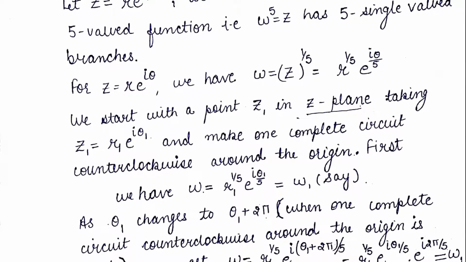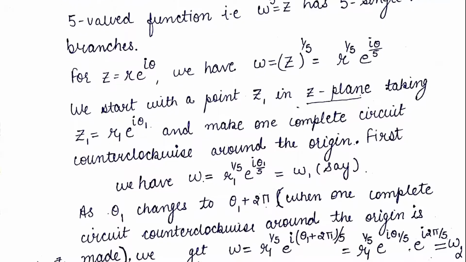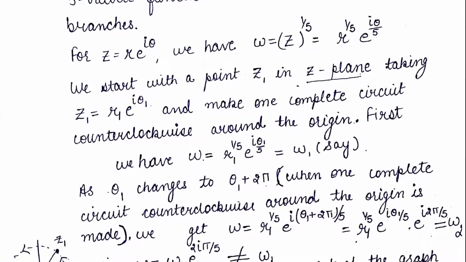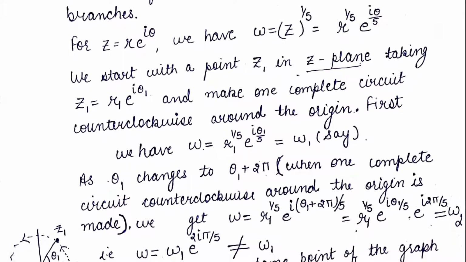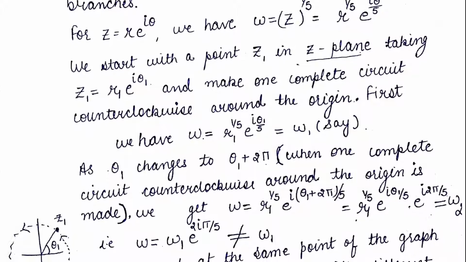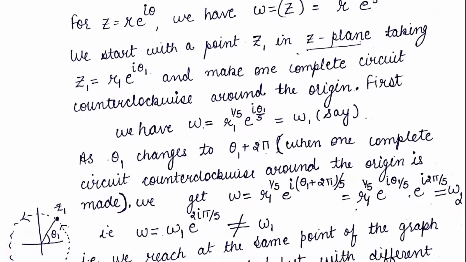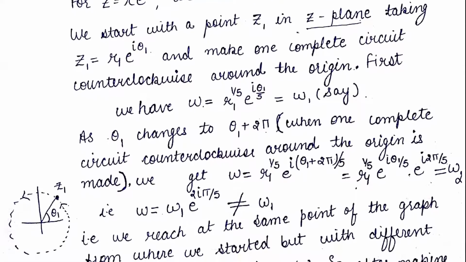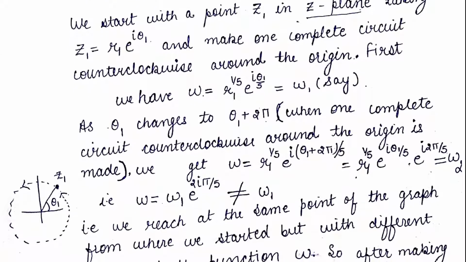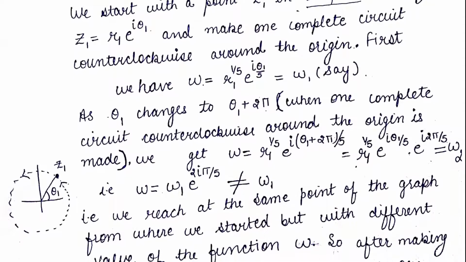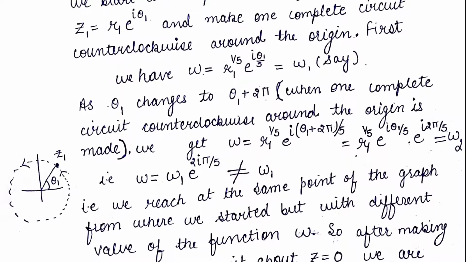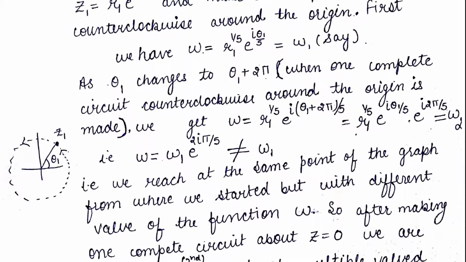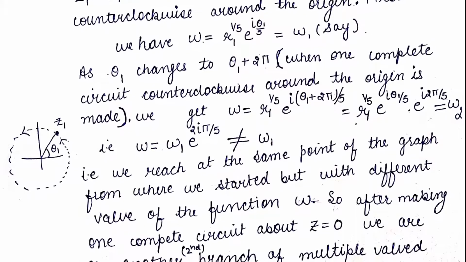First we put this z1 in the function w. So w will have the value r1 raised to power 1/5 into e^(iθ1/5). After we make one complete circuit about the origin, θ1 changes to θ1 plus 2π. So w will change to r1^(1/5) e^(iθ1/5) into e^(i2π/5).